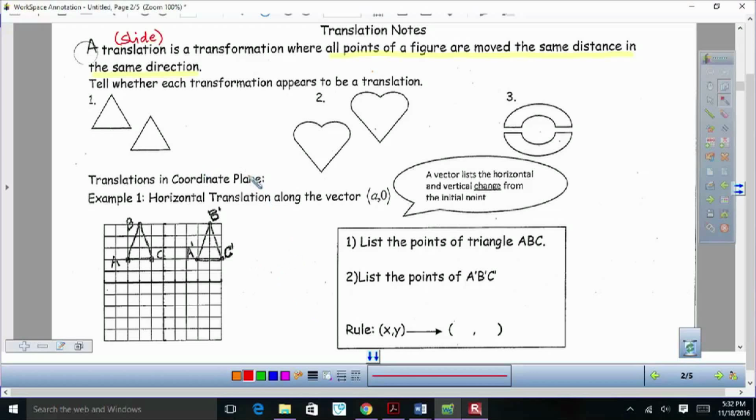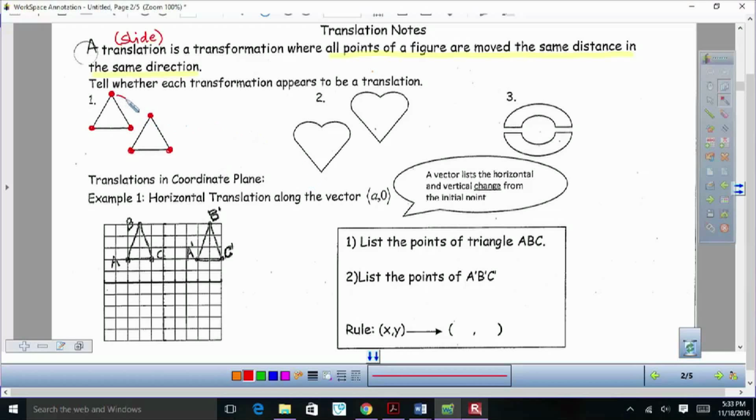So in number 1, it says tell whether each transformation appears to be a translation. Now, if we go with the points moving the same distance, you could make 3 points on the corners of this triangle, and then 3 points on the corners of the second triangle. And you look and see if all of them were moved in the same direction, the same distance.